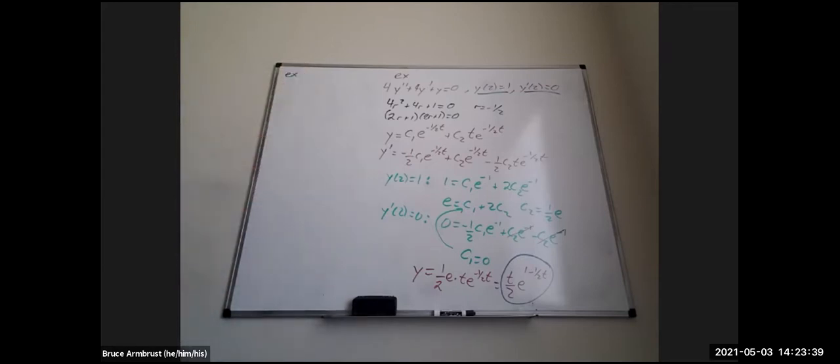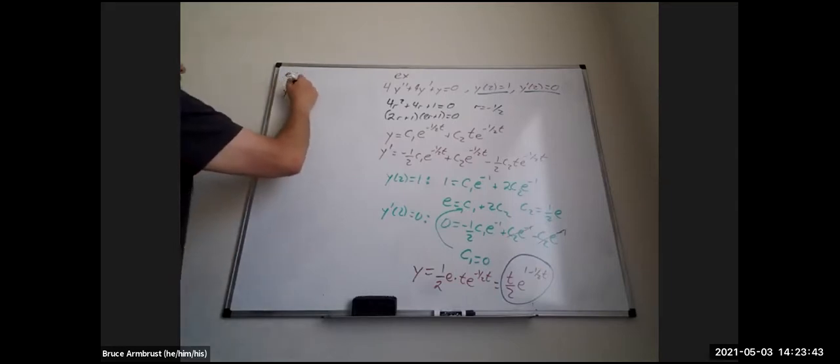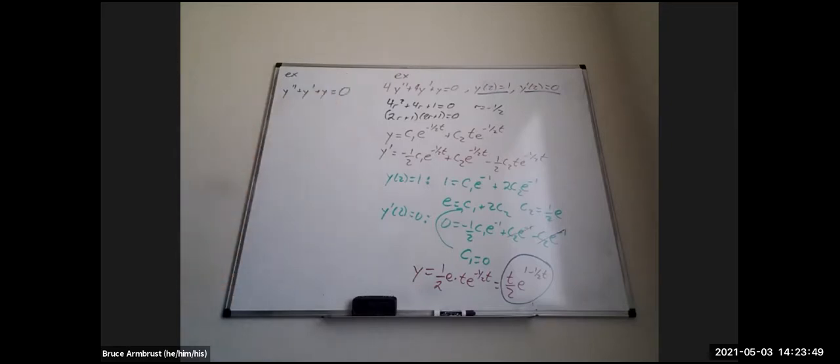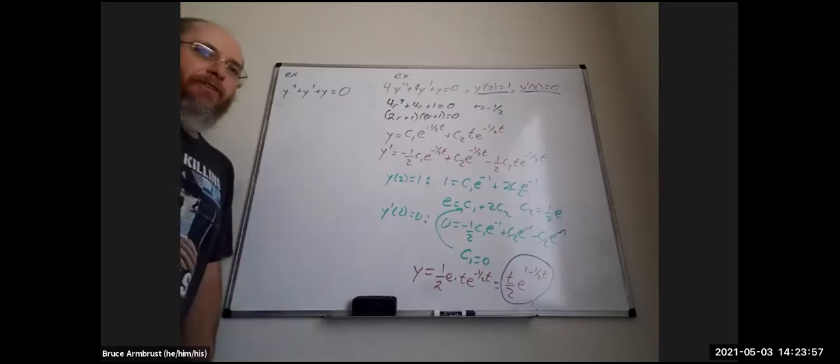Let's say we've got y double prime plus y prime plus y equals 0. And this one, we won't make an initial condition.